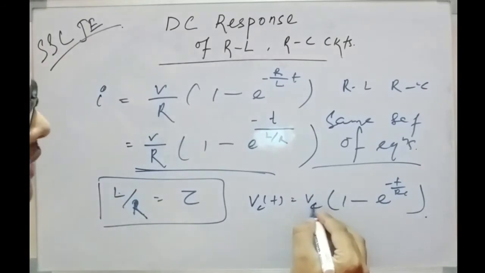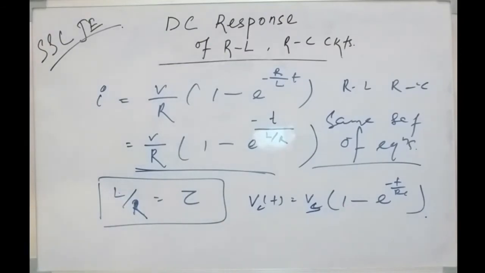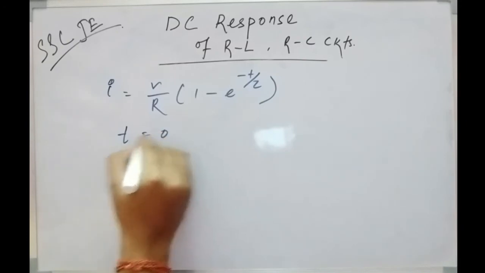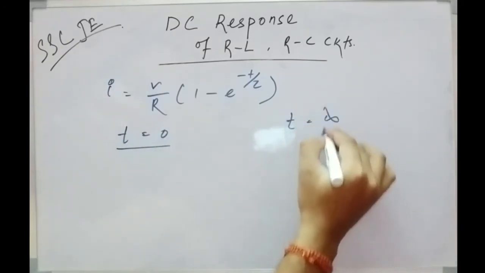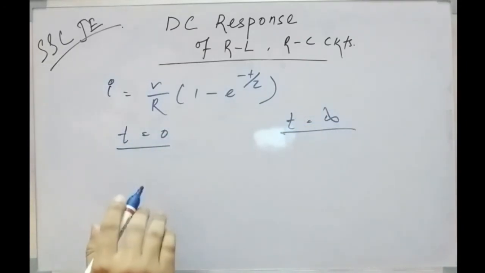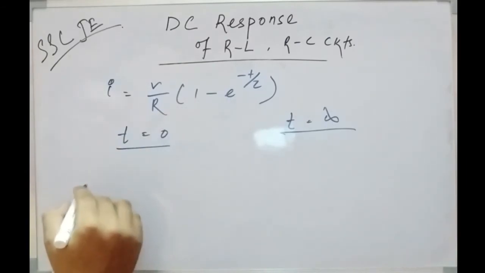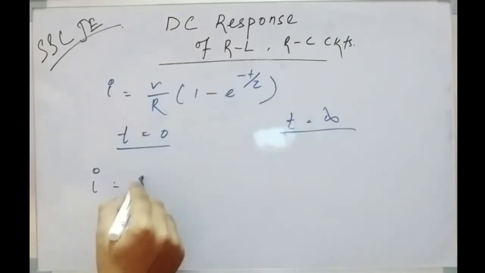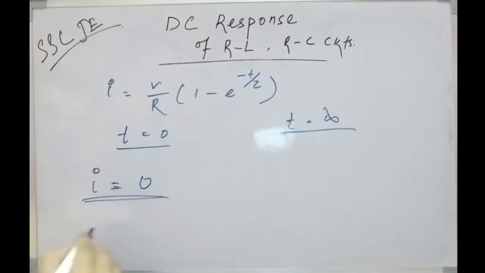Sorry, this is Vs. Here, similarly, we can find out two cases, initial condition and steady state condition. So at initial condition t equals to 0, we will be getting e to the power 0 is 1, so I equals to 0. Current is 0, that means the inductor will act as an open circuit.